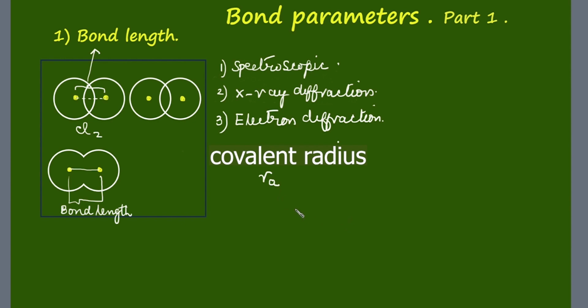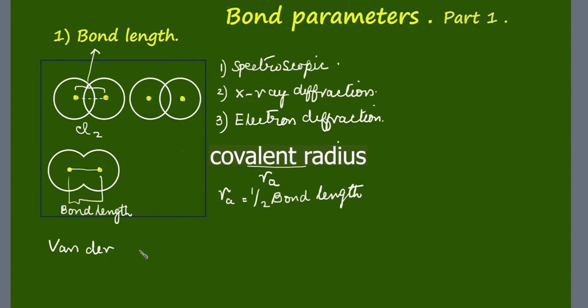Please note the fact it is in the bonded condition. Consider a molecule made up of two similar atoms as in the case of chlorine molecule. In such cases, the covalent radius is just half that of the bond length. So ra is equal to half bond length. The atoms are similar. Remember that.